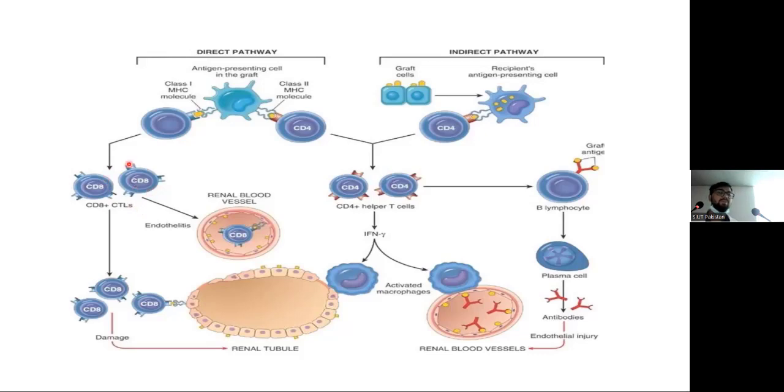Then the CD8 cells become activated, and it causes direct endothelial injury by binding to the renal vascular endothelium, as well as binding to the renal tubules and causing tubulitis.